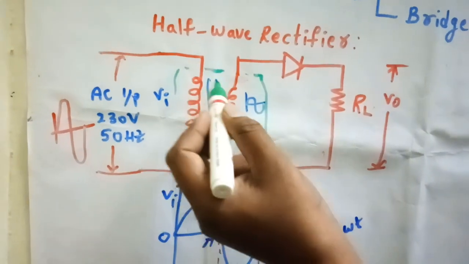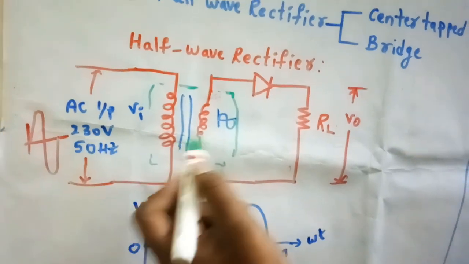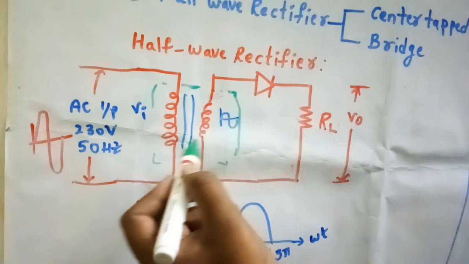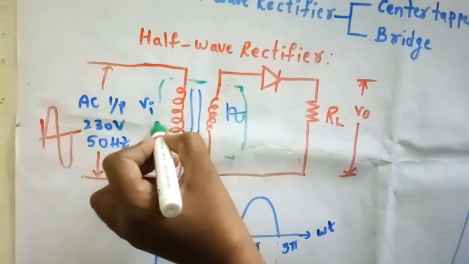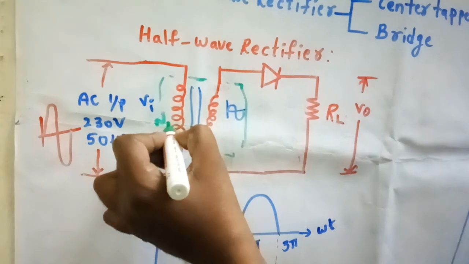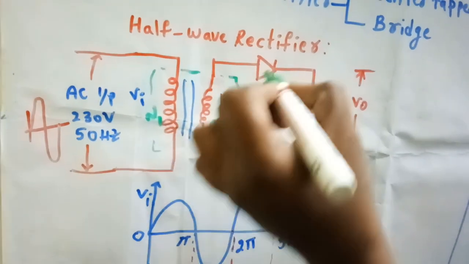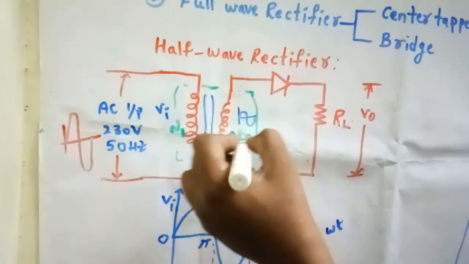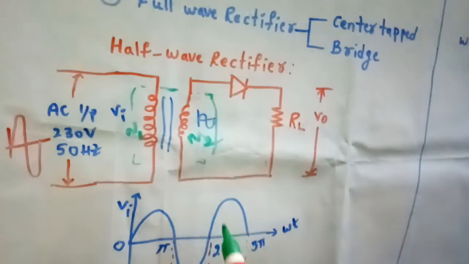What is the transformer doing? The transformer converts AC to AC. By observing this block diagram, the primary windings N1 are more and the secondary windings N2 are fewer, which is a step down transformer.